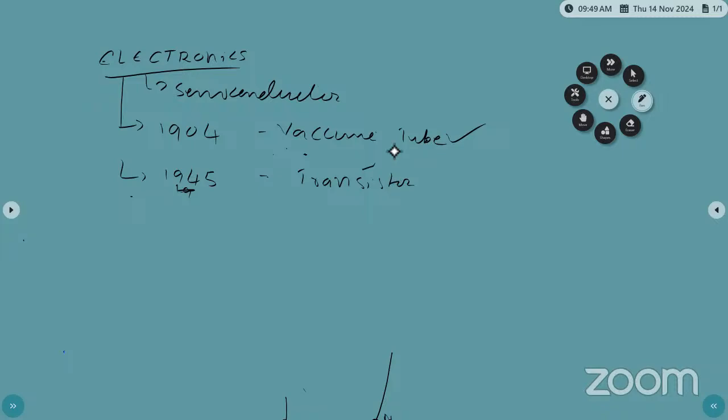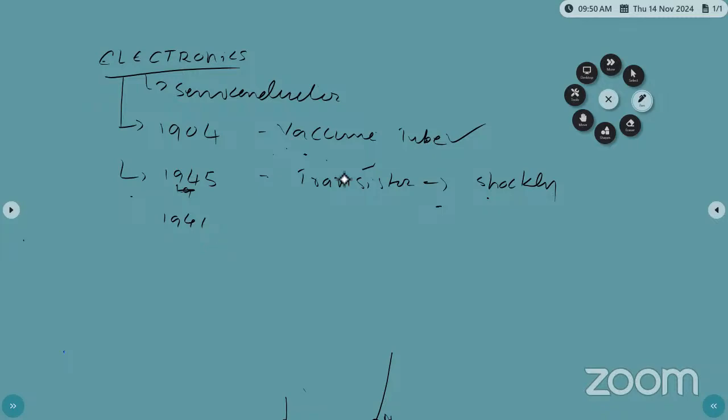Now after that they introduced the transistors. This transistor was introduced by the scientist Shockley, and in 1947 these transistors replaced the vacuum tubes.